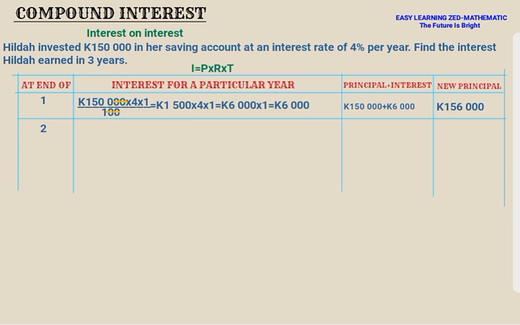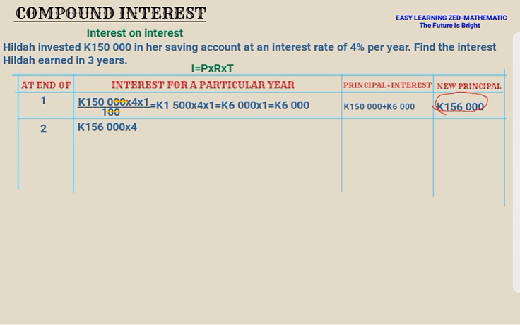Then we're going to use 156,000 kwacha as the principal for the second year, which I'm going to write there, because this is the money which was in Hilda's bank account. Then the bank was offering Hilda 4%, so we're going to multiply by 4%, an interest of 4%.